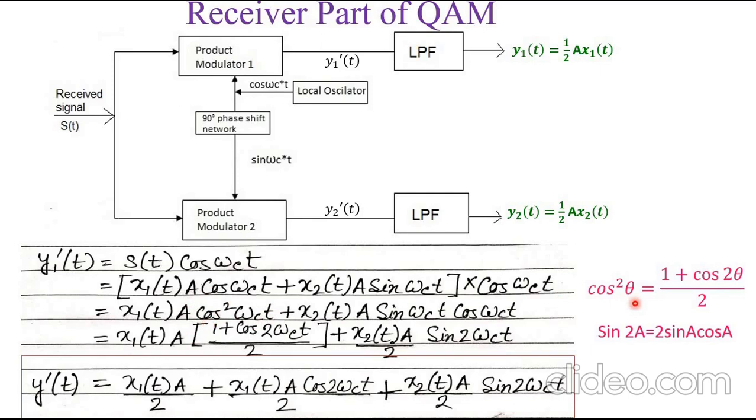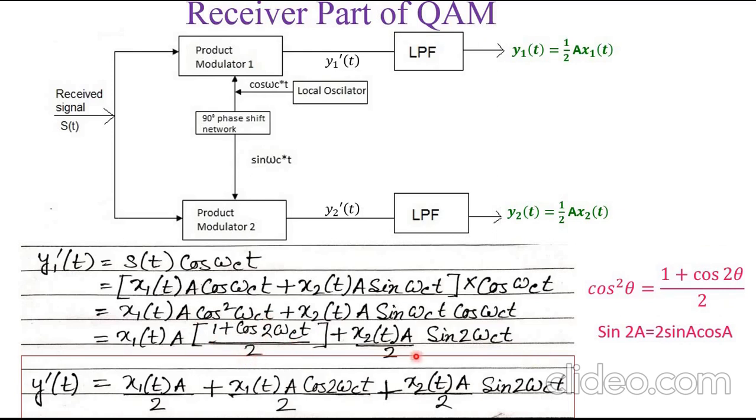It will be x1(t) A times cos squared omega_c t, which means (1 plus cos 2 omega_c t) divided by 2, because cos squared theta equals (1 plus cos 2 theta) by 2.